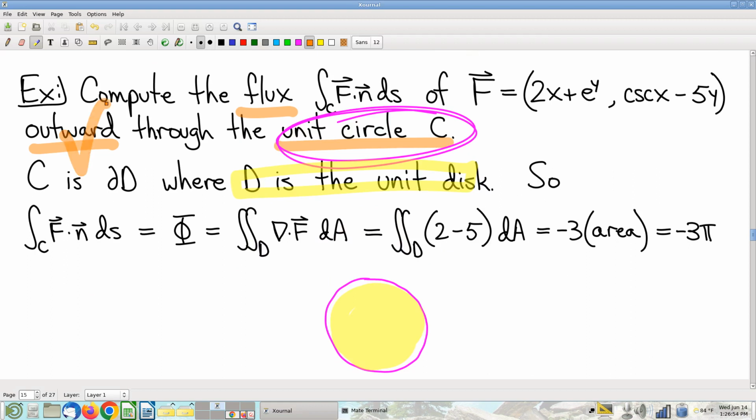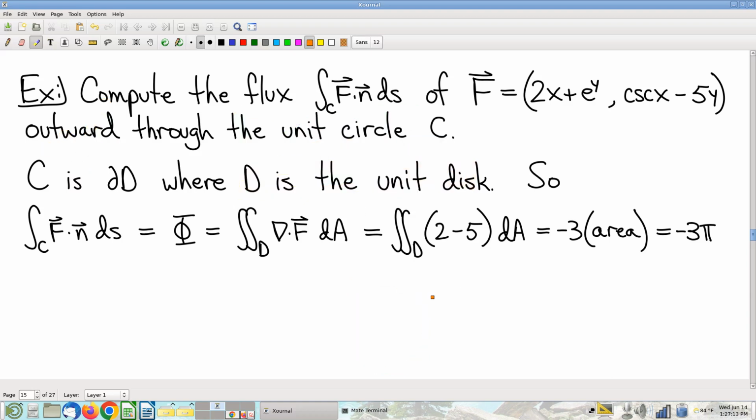Why, yes, we have. Outward, indeed. So this is literally asking us to compute a boundary flux. Even though it didn't come right out and say that, that's what we've been asked to compute. It's a boundary flux.